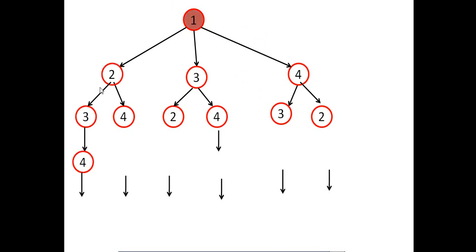Another situation will come, that is 3 nodes, 2 to 3 and 3 to 4. Similarly here 2 to 4, 1 to 4 is there, and the remaining node is 3. Assume the source vertex is 1, and now from here 1 to 3, 3 to 2, 2 to 4 will come.